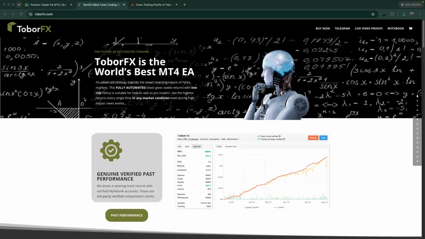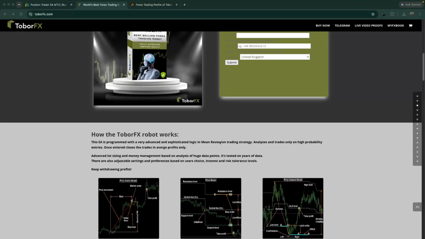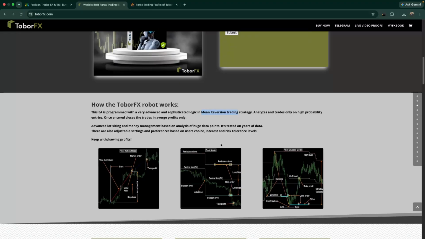Now, according to the official website, which we are on, this is the ToborFX official website, and they claim that it is built on the mean reverting nature of the forex market. It scans for high probability setups where price has stretched away from its average and then closes the trade at an average profit.